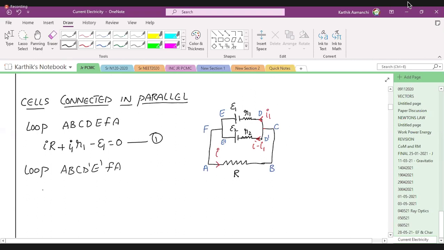For this loop, IR plus I minus I1 into R2 minus epsilon 2. Clear? Yes, sir. Do it.